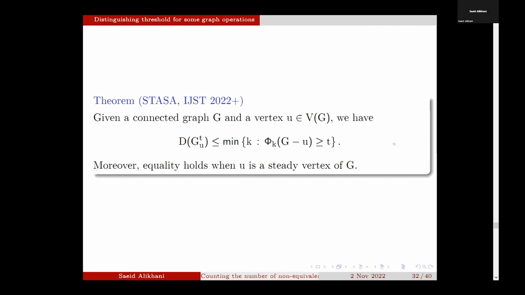And here the equality holds if U is an STD vertex of the graph.